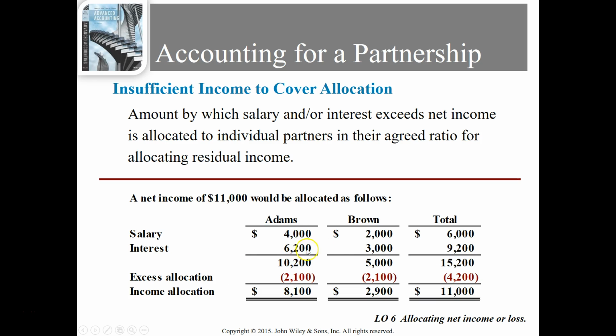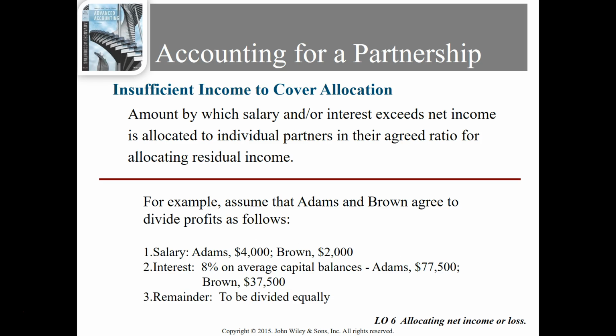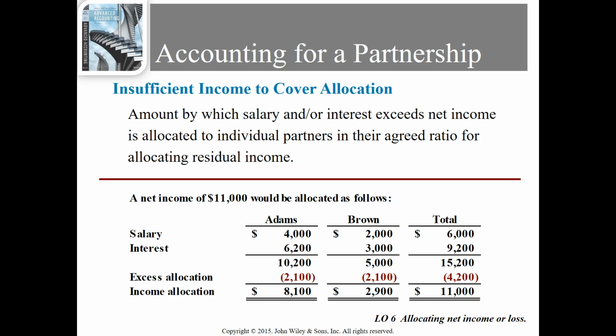The interest yielding 9,200. You have $15,200. But I only have income of 11. The 4,200 excess is then divided amongst the partners in that equal range. Remember, you can only have what you started with, net income or net loss.